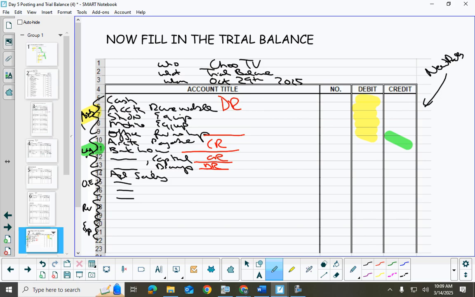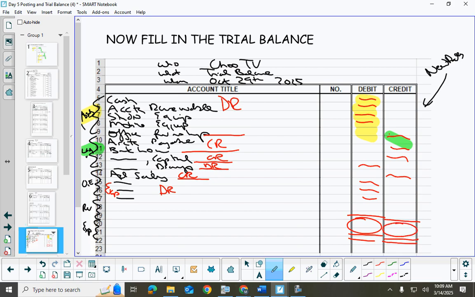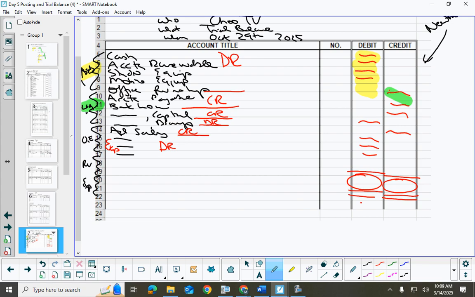Drawings will be debit. Revenue will be credit. And expenses will be debit. So once you put all of these new balances in, what you do is single line, new total, double line. And if they are not the same, then you have screwed up.